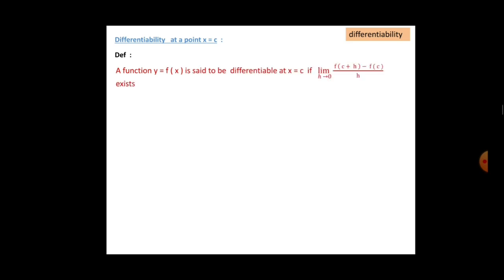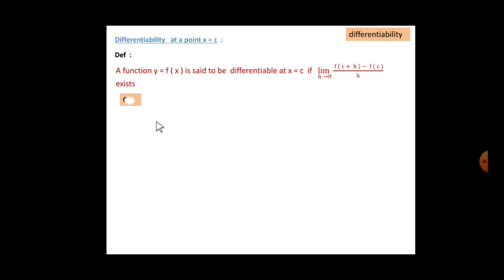Now differentiability at a particular point. It is very simple. As I said earlier, change the variable x to the point c. A function y is equal to f of x is said to be differentiable at c if the limit as h tends to 0 of f of c plus h minus f of c divided by h exists.